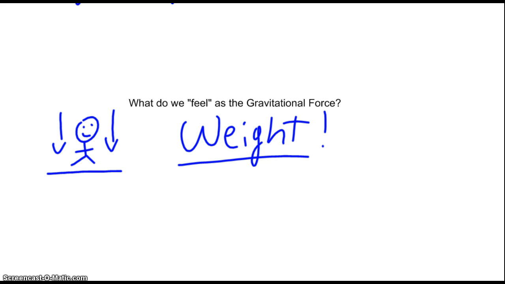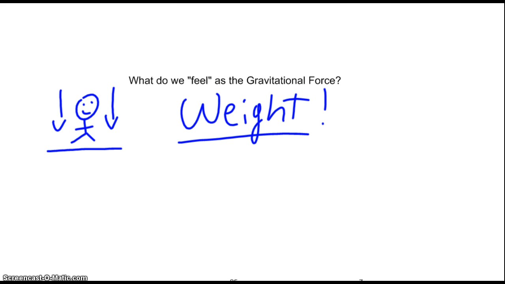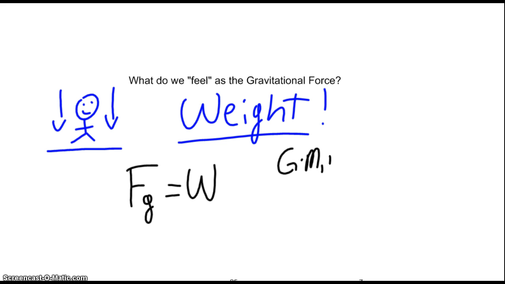So in order to calculate the gravity of a planet, we're going to use our weight to help us find the gravity. So what I'm going to do is set the gravitational force, Fg, equal to the weight. What that means in terms of our equations is this. We're going to have our original equation, G m1 m2 over r squared, and we're going to set that equal to the equation for weight, which is just mg.